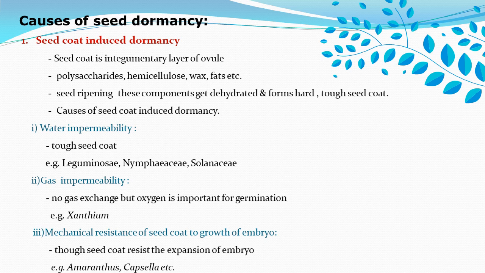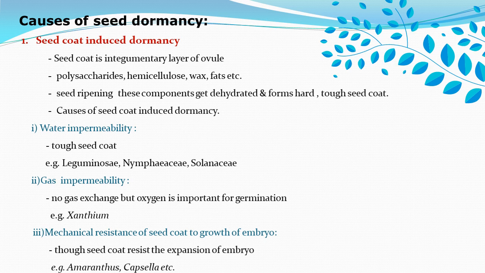But still, this type of dormancy doesn't remain for a very long time. Within a short period of time, the seed coat can be broken by the internal embryo and there is seed germination. This type of seed dormancy is mainly found in the plants Amaranthus and Capsella.